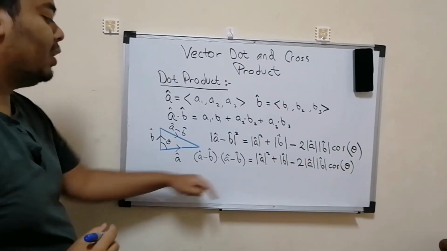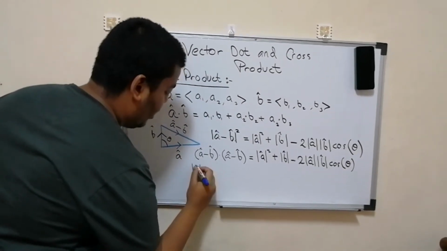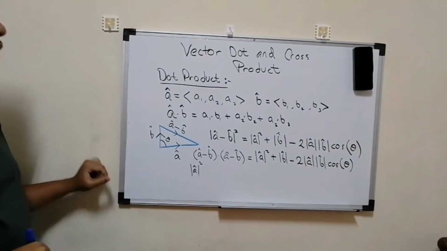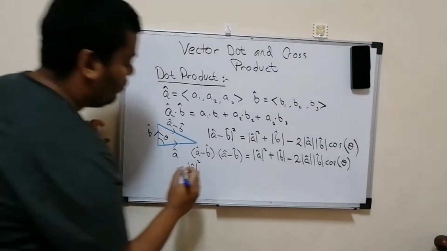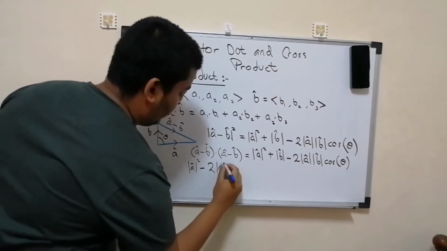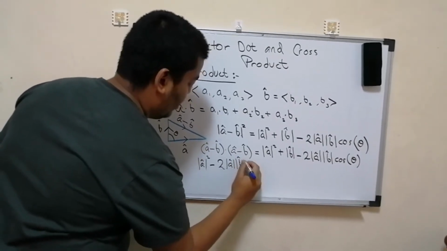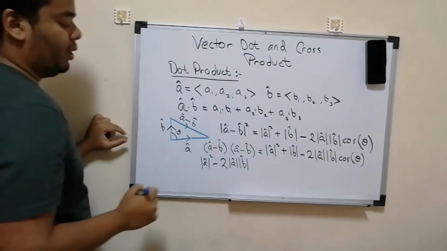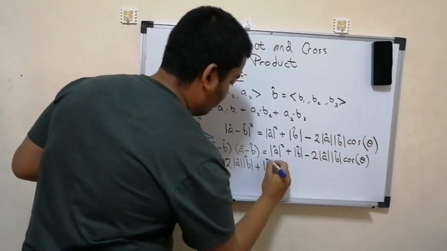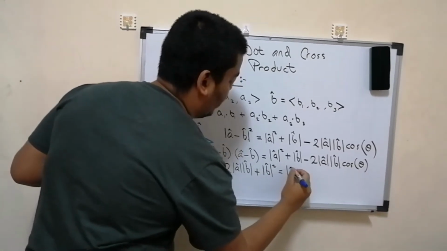Now let's expand this to the magnitude of A squared minus 2 into magnitude of A into magnitude of B plus magnitude of B squared is equal to the right hand side completely again.